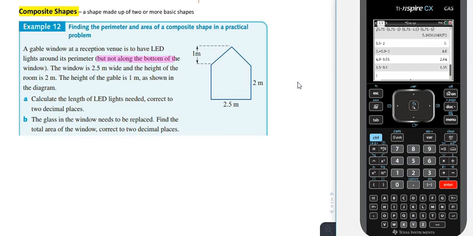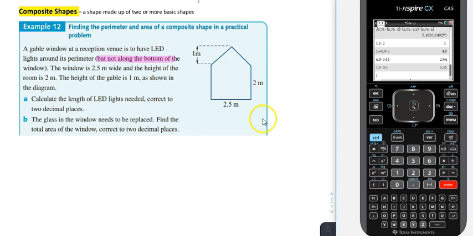All right, this example is saying that a gable window, so this is the window, at a reception venue is to have LED lights around its perimeter, not along the bottom of the window, so not here, just around here. And the height of the room is 2 meters, the window is 2.5 wide, and the height of the gable, the triangle part at the top, is 1 meter.